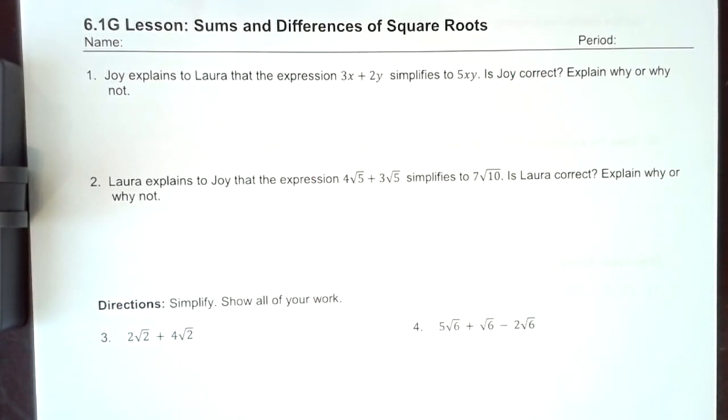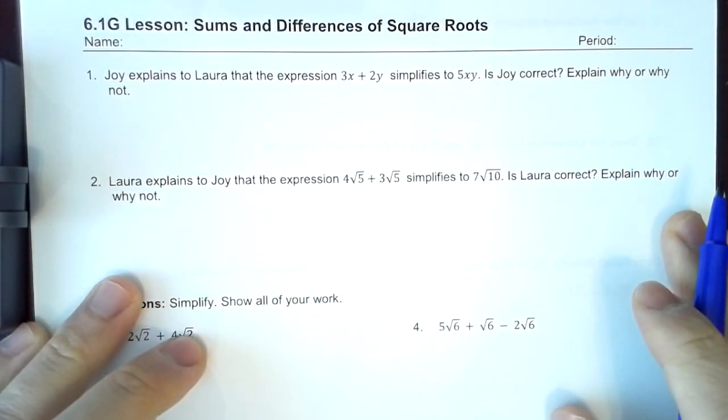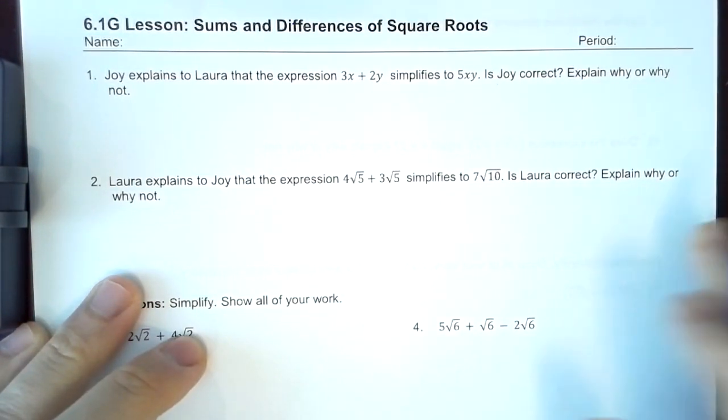And let's get started. So it says, Joy explains to Laura that the expression 3x plus 2y simplifies to 5xy. Is Joy correct? Explain why or why not. Okay, so this is something we've learned since we started learning about pre-algebra and algebra.